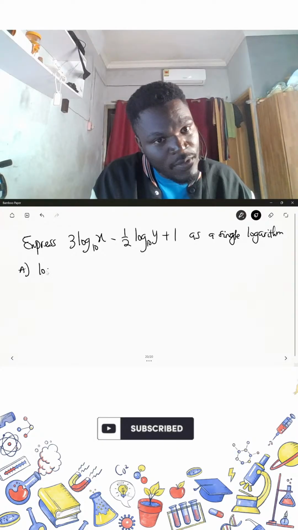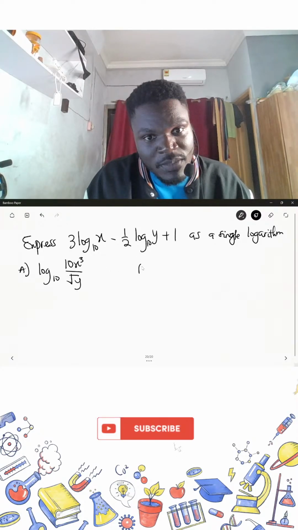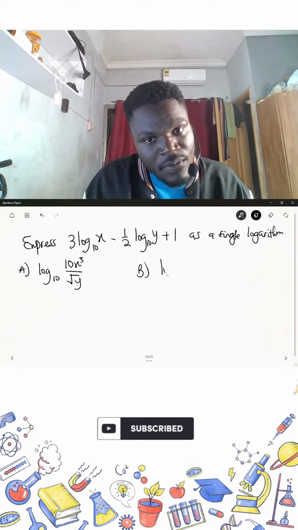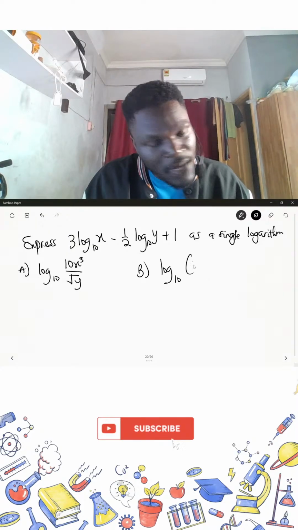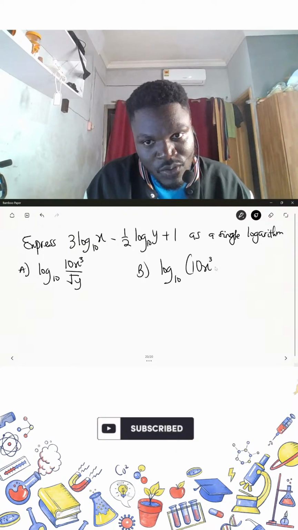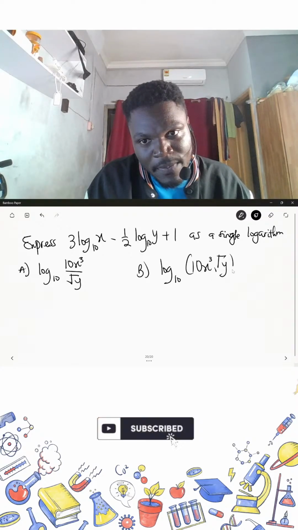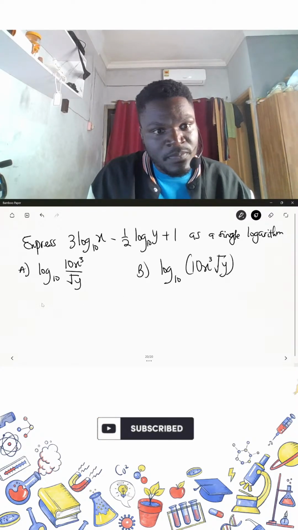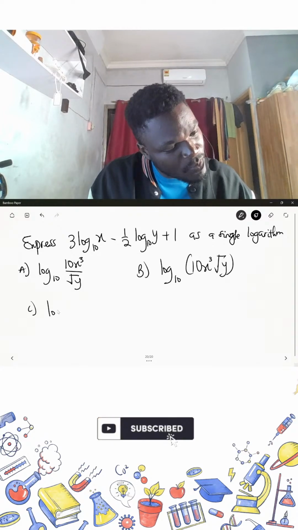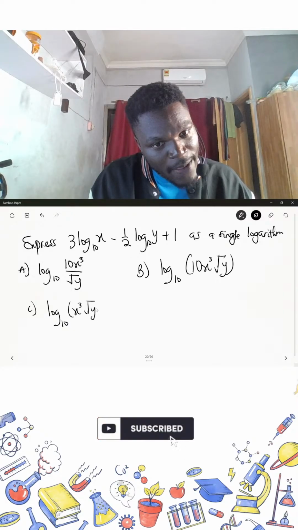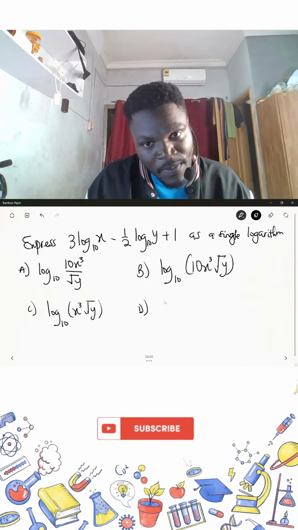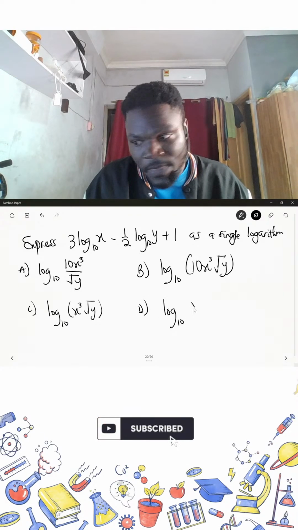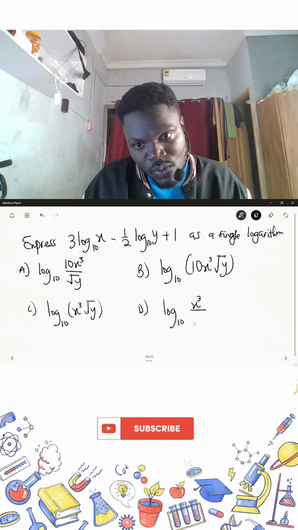Option A, we have log base 10 x cubed over the root of y. Option B, we have log base 10 into brackets 10 x cubed root y. Then option C, we have log base 10 x cubed the root of y. Then option D, we have log base 10 x cubed over root of y.